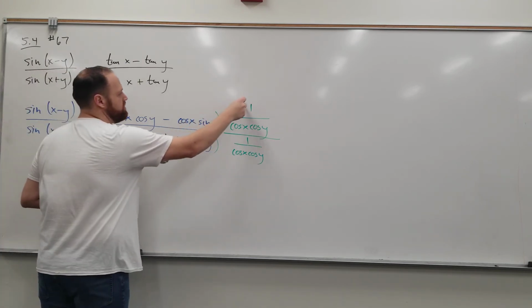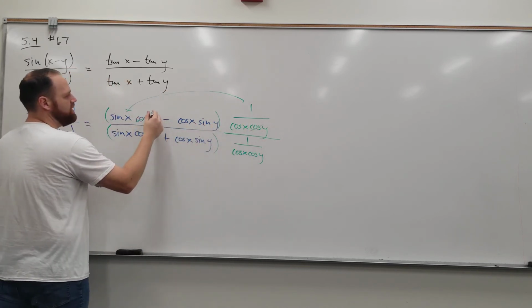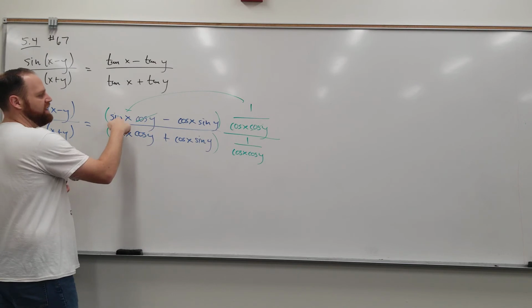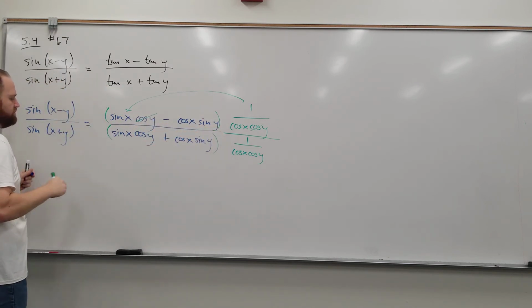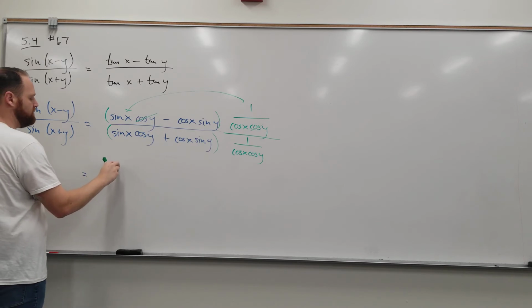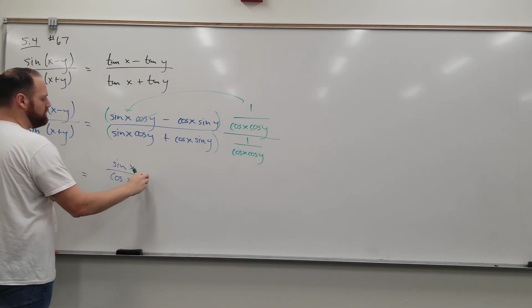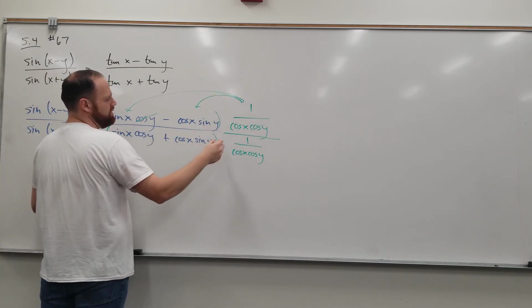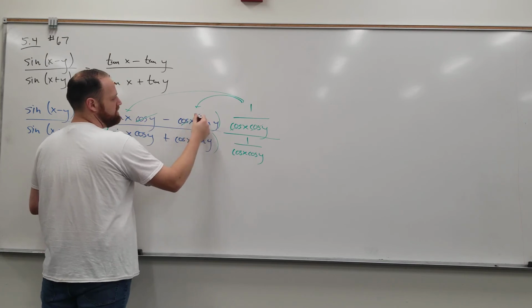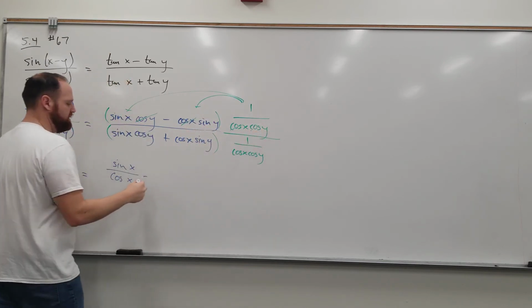When I distribute here, the cosine y's will cancel. I'll be left with sine x over cosine x. When I distribute here, the cosine x's will cancel. I'll be left with sine y over cosine y.